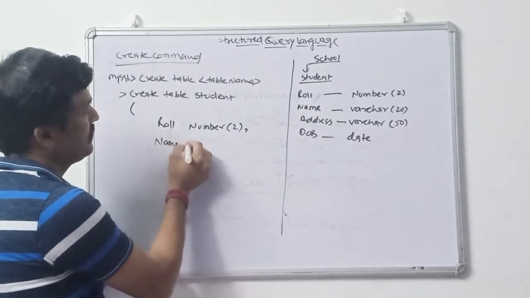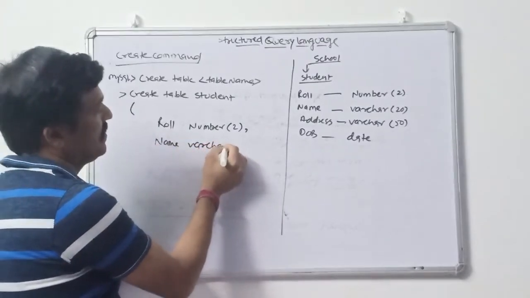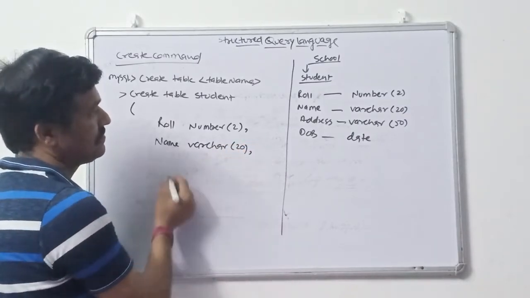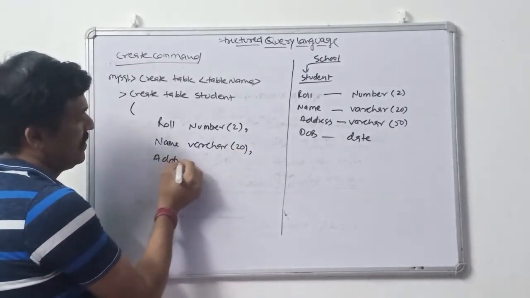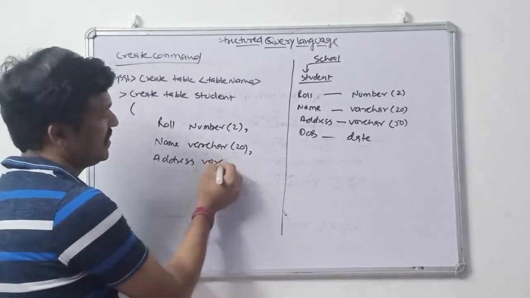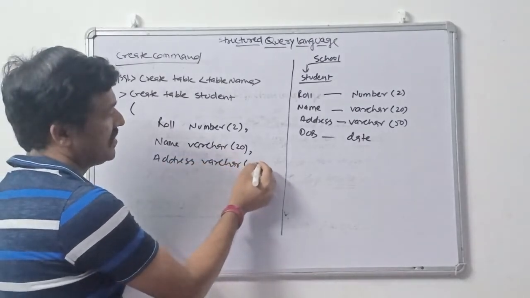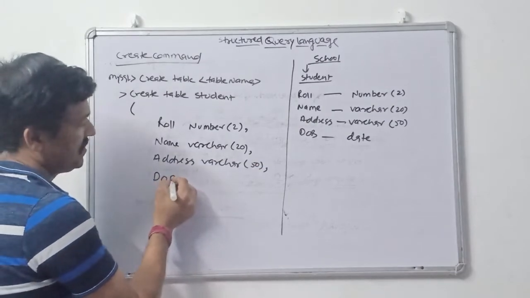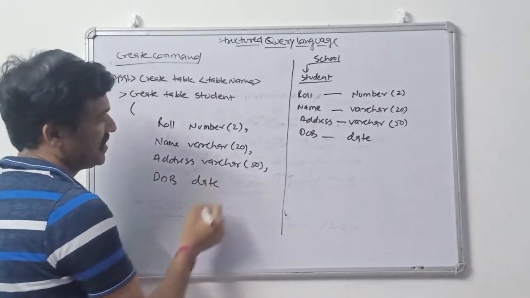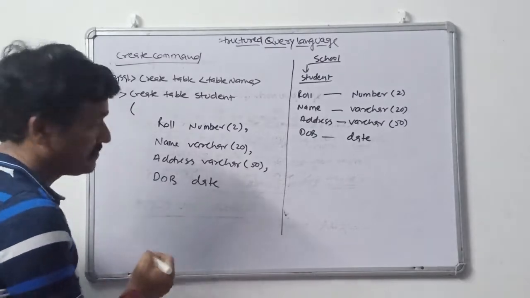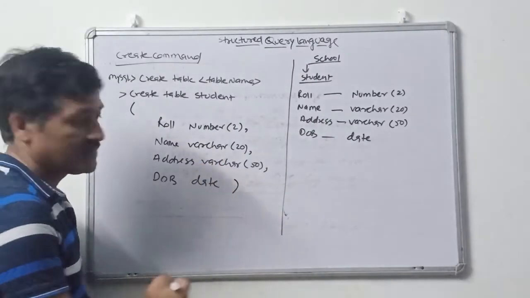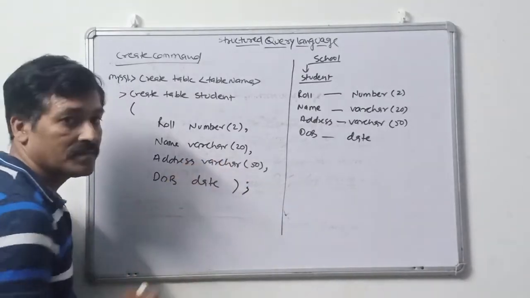Name, varchar 20, comma, address, varchar 50, comma, DOB, date, and here we can close the bracket and place the semicolon.